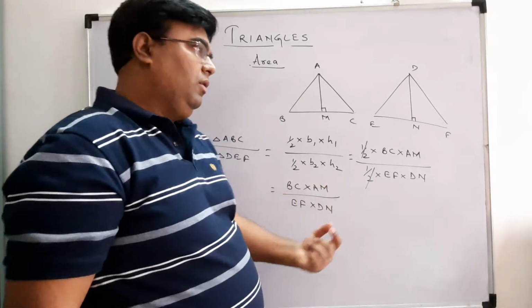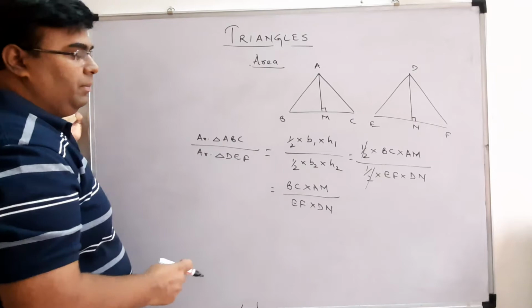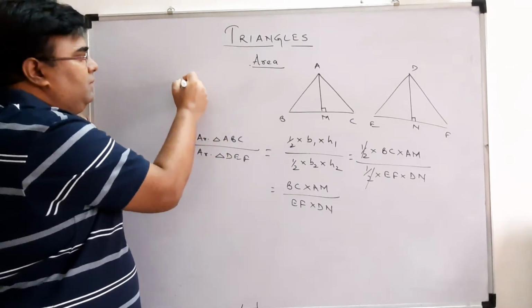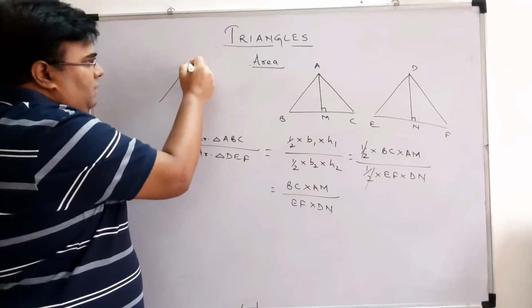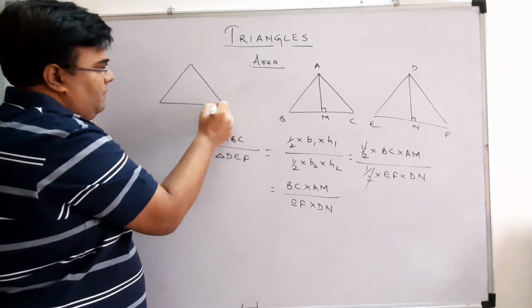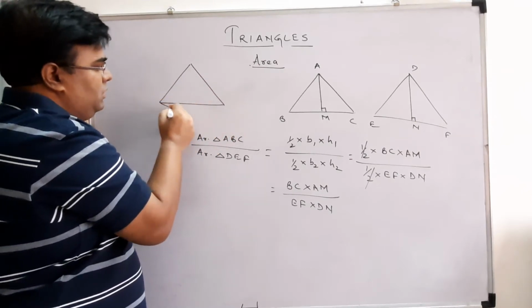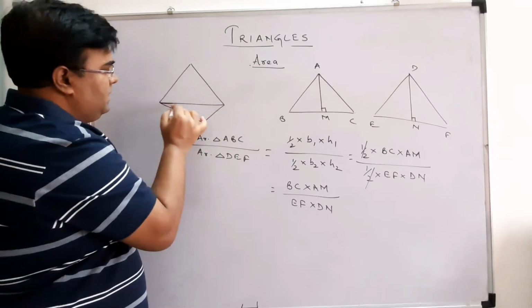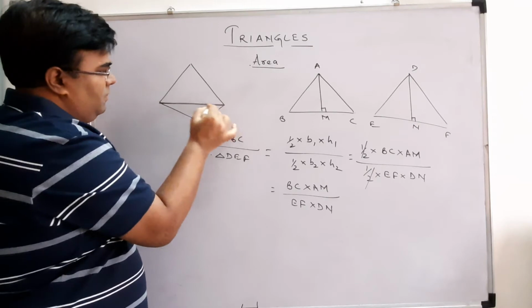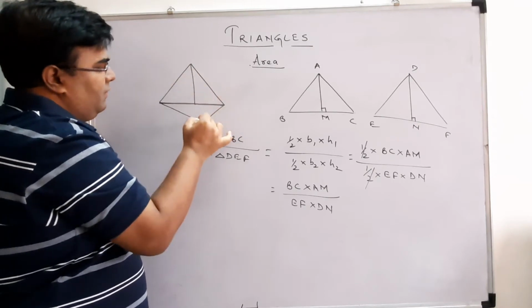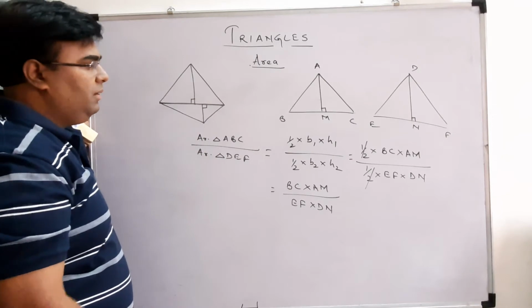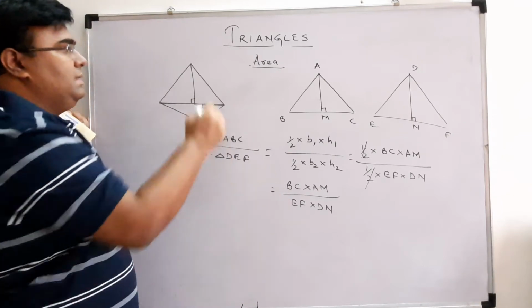Clear? Now suppose the base is the same. We take two triangles, suppose this triangle. For this, the base is common and these two heights are given. Then the base will also get cancelled.